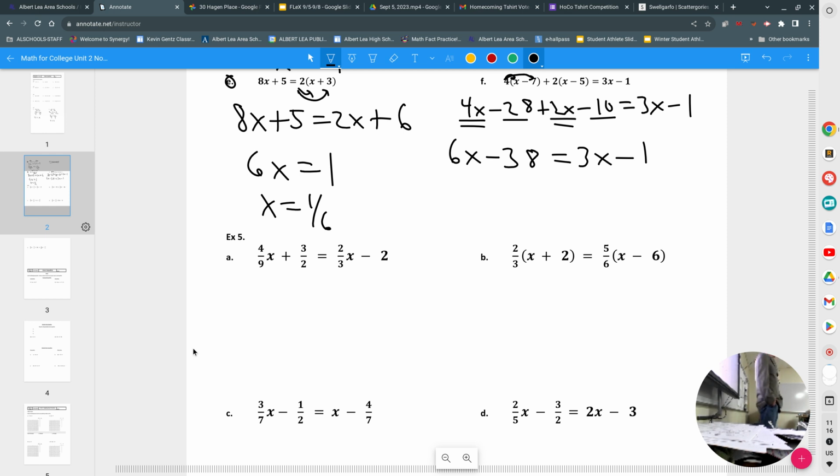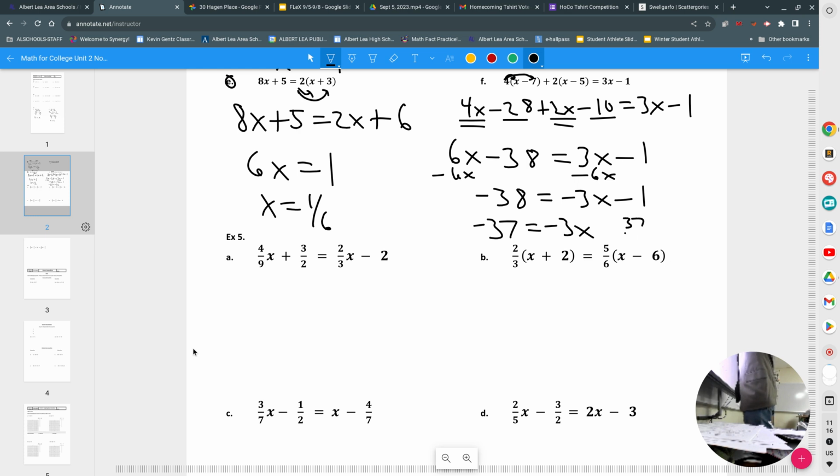Left or right? It's up to you. Right. He wants to put more on the right-hand side, so we're going to subtract 6x. So I got negative 38 equals negative 3x minus 1. Add my 1 to both sides. I have negative 37 is equal to negative 3x. Divide by negative 3, and you get 37 over 3.